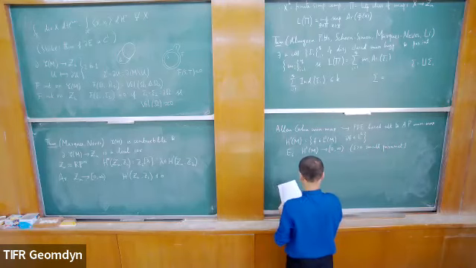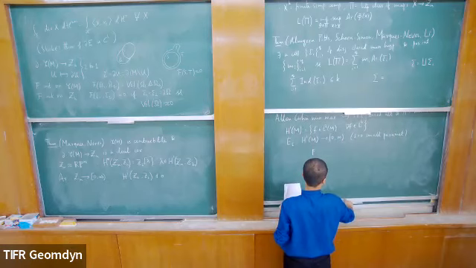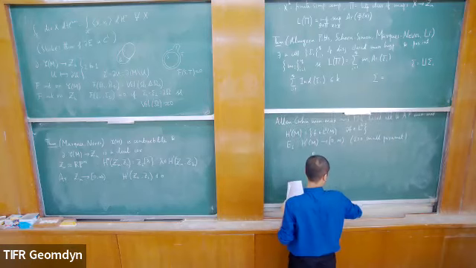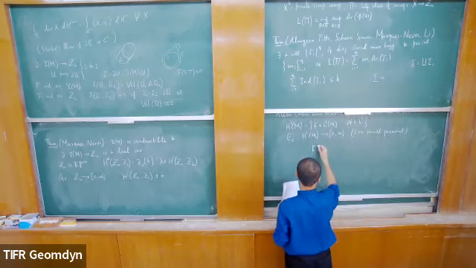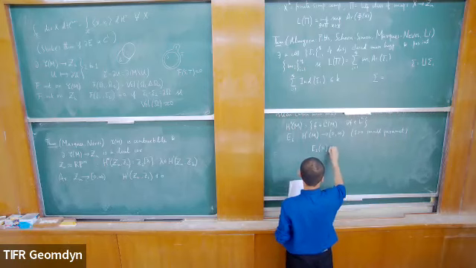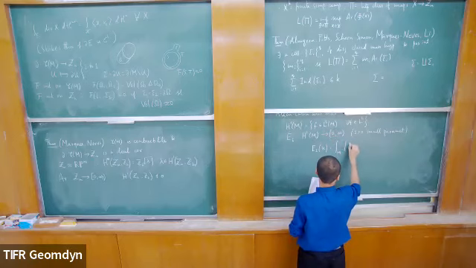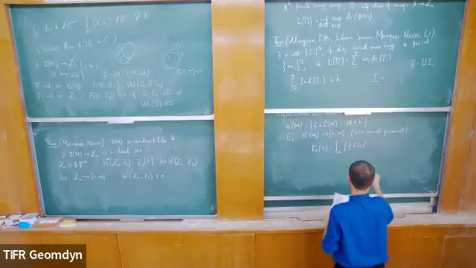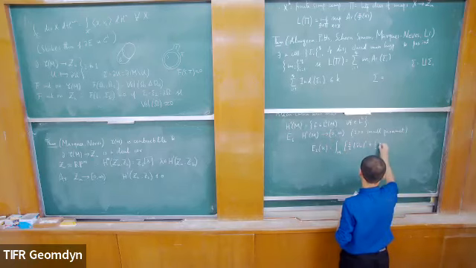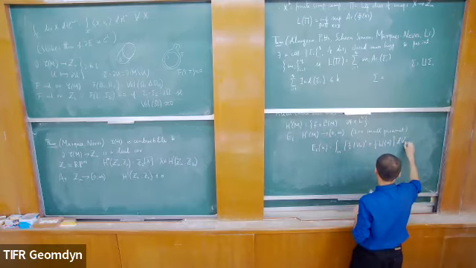So E_epsilon(u) is equal to the integral over M of epsilon/2 |grad u|^2 plus 1/epsilon W(u), integrated with respect to the volume measure.